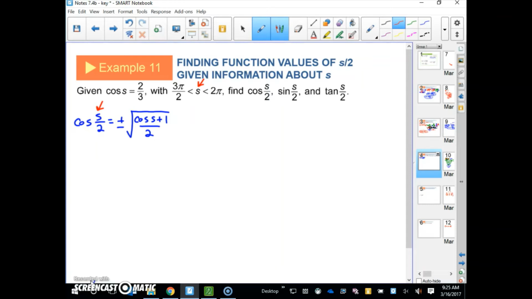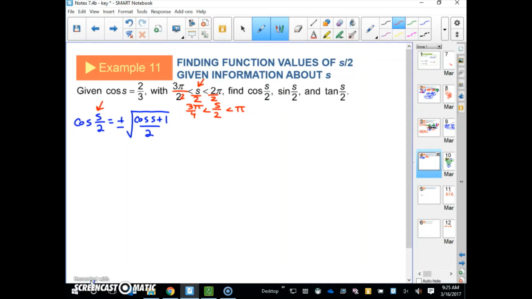So what we're going to do is basically divide by 2 so that we can look at the half angle. We would divide everything by 2, divide all of those by 2 so that way we can look at the half angle. And that says 3 pi over 4 is less than s over 2 is less than pi. And that gives me some information about s over 2.